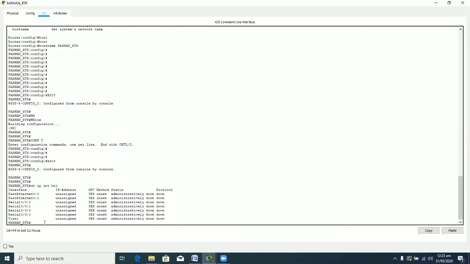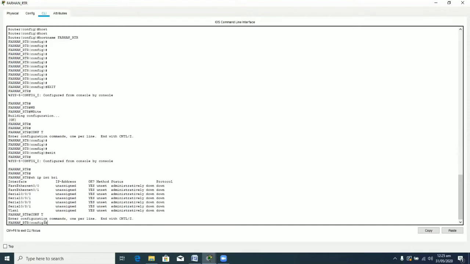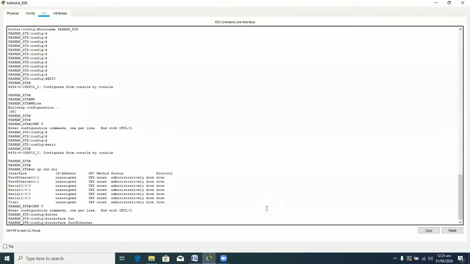So I am now performing the configuration of my particular interface, fast Ethernet 0/0. Basically, the fast Ethernet interface will be used by me to have a LAN connection, and the serial interface will be used between the two routers for making a serial or WAN connection. So moving to global configuration mode, and after that I am moving into my particular interface fast Ethernet 0/0.